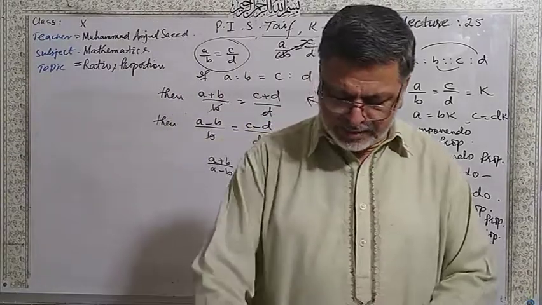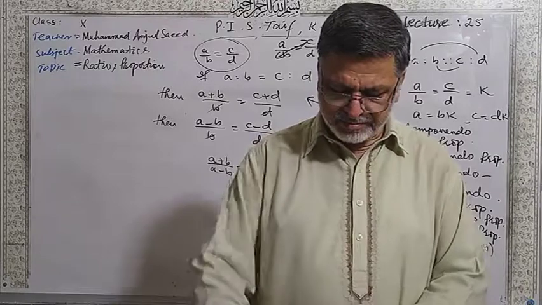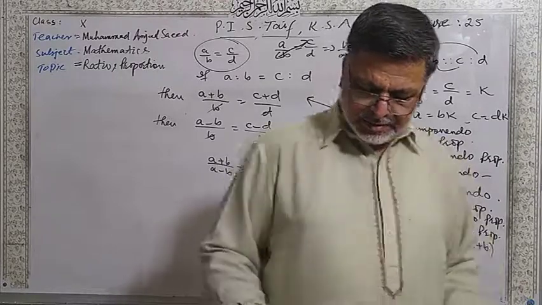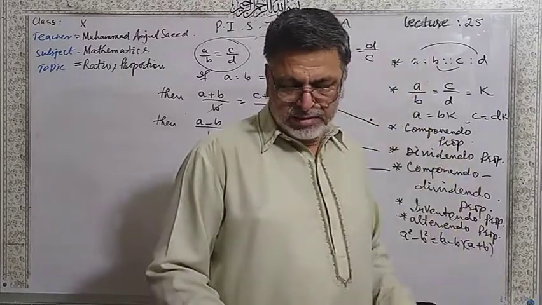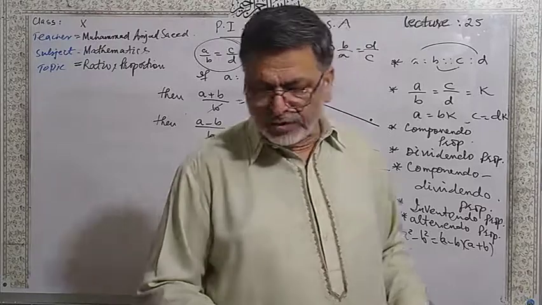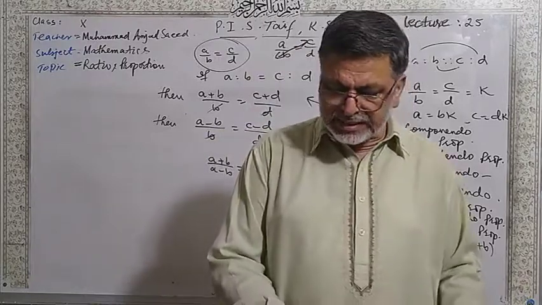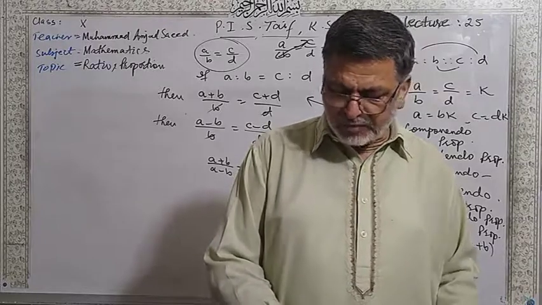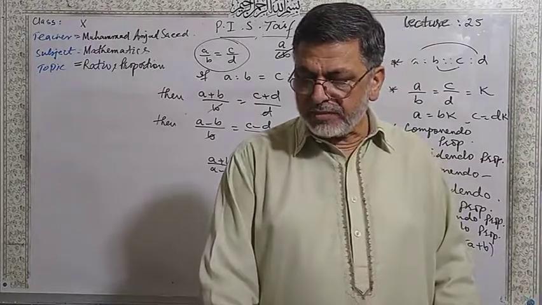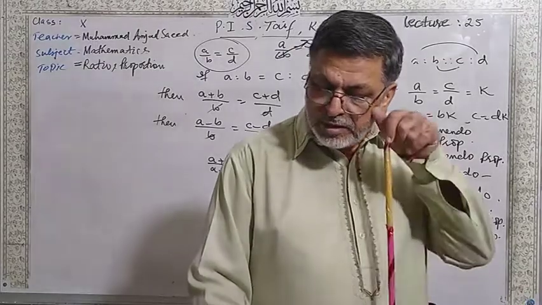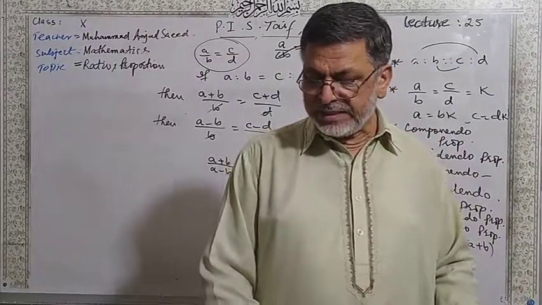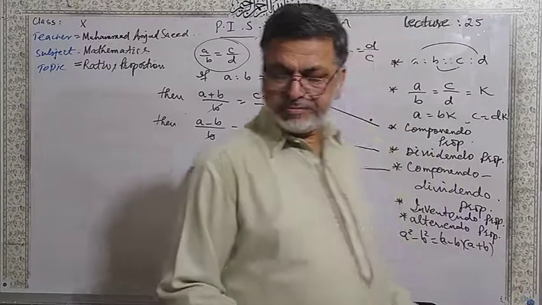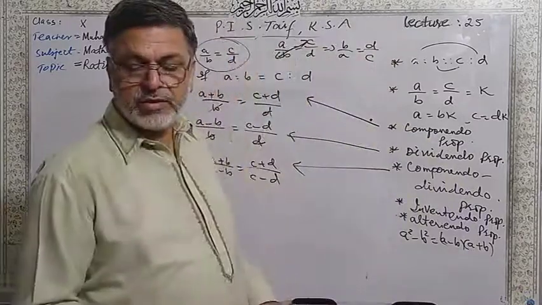Now we can start our next exercise. According to reduced syllabus, exercise 3.4 comprises question number 1 part 1, question number 2 part 2, and 4, 5, 6 and 8. So these are your questions.